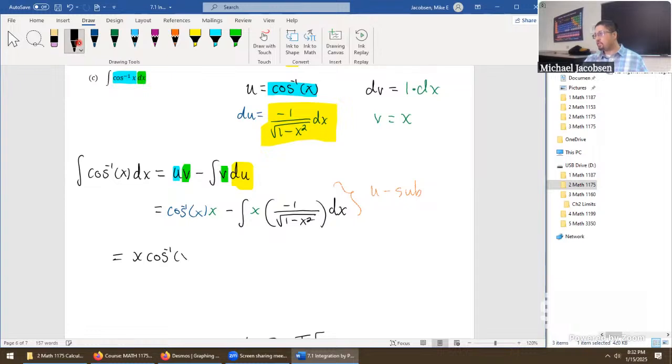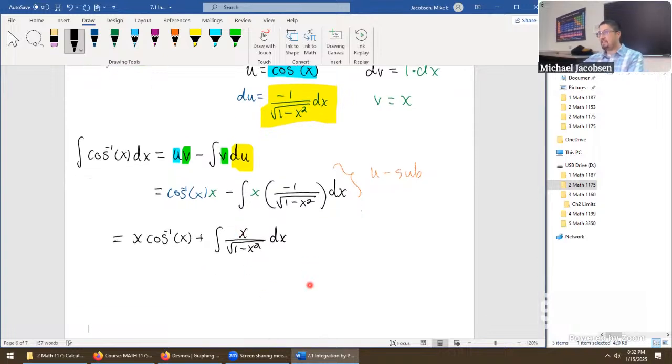X cosine inverse of x plus, with the double negation here, we'll have a plus sign in the middle. The integral of x divided by root 1 minus x squared dx is where we land. So now we're ready for the u substitution process. Excuse me. U would be set equal to the inner function you see here, 1 minus x squared.